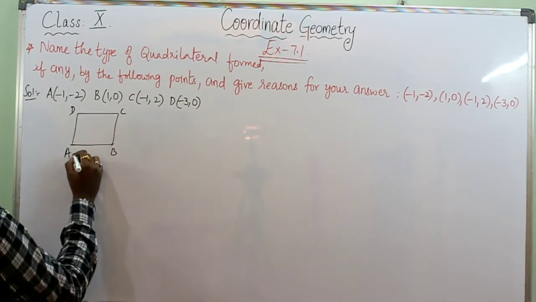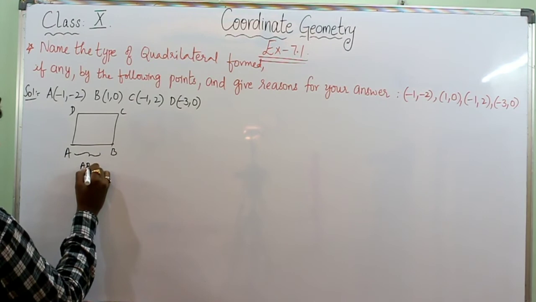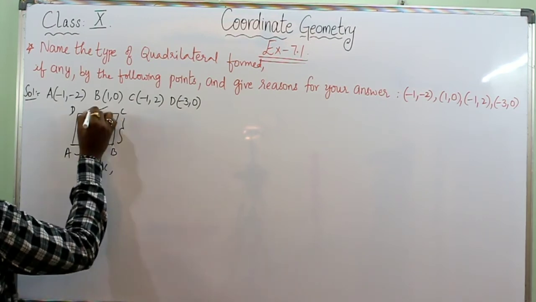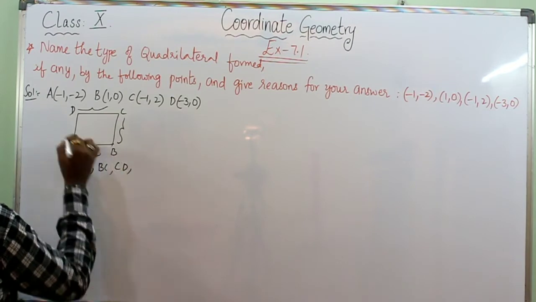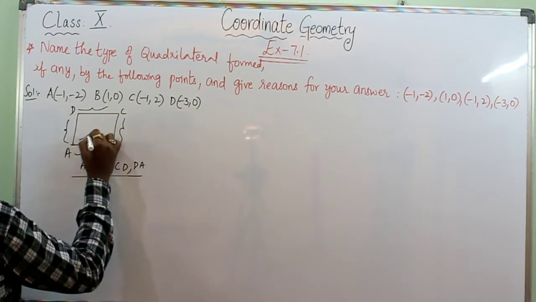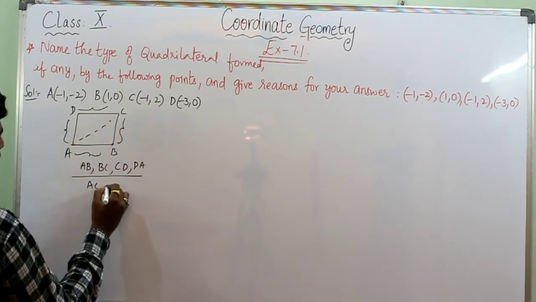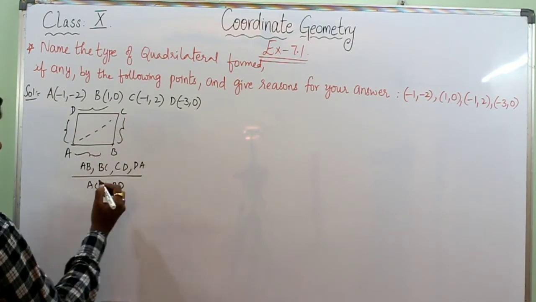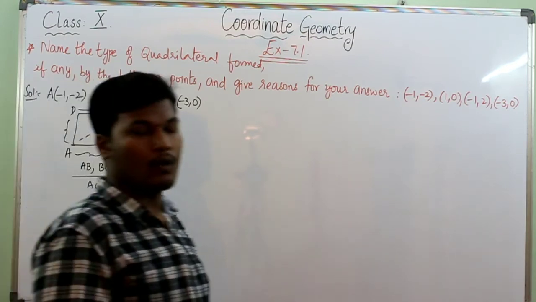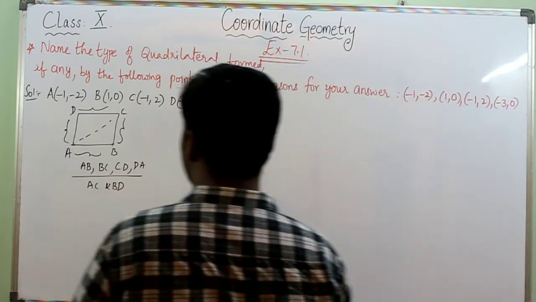What we will do here is, first let us find out AB, then BC, then CD, then DA, and also let us find the diagonals AC and BD. By checking all these 6 things, we can conclude which type of quadrilateral it belongs to.